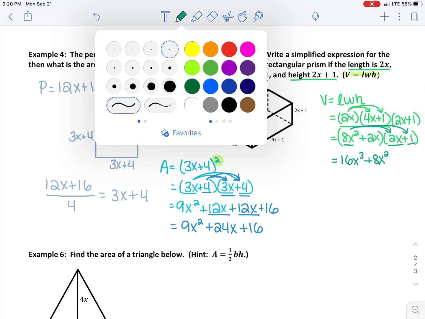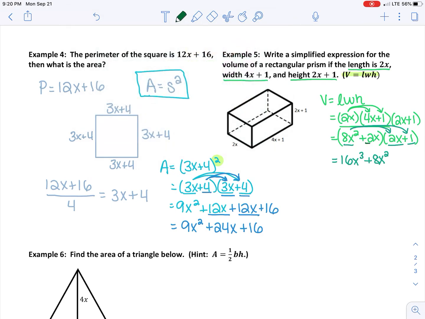Then I have to take that 2x and multiply it by everything as well. So 2x times 2x and times 1 as well. So 2x times 2x gives me 4x squared. And 2x times 1 gives me 2x.